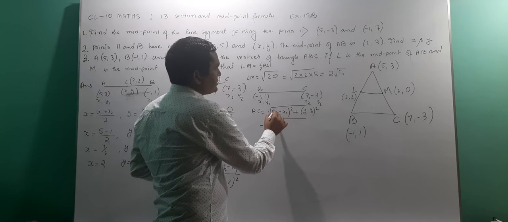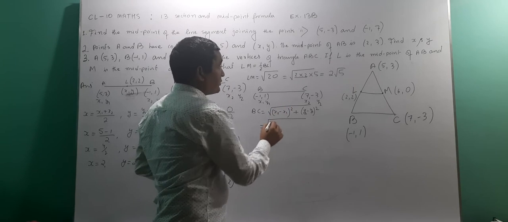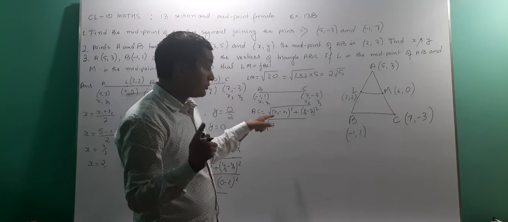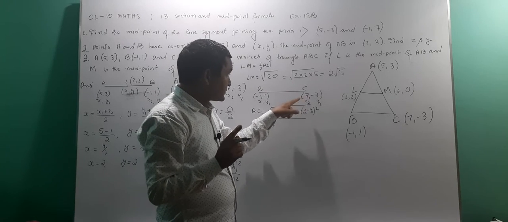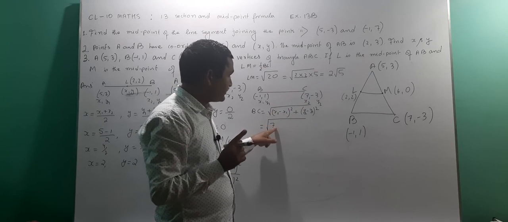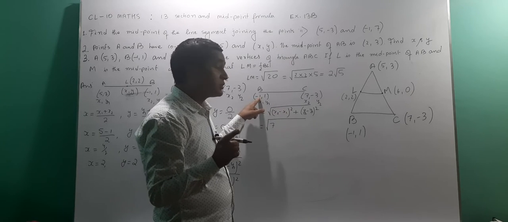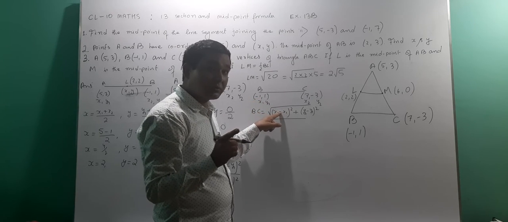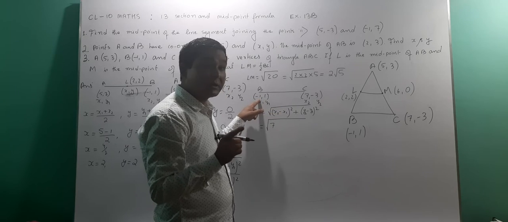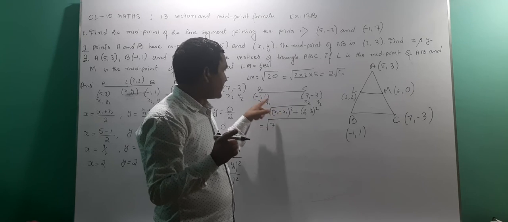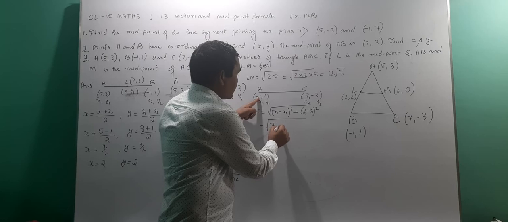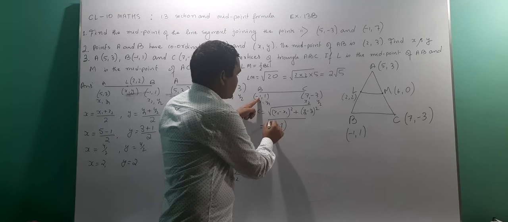Now x2 is 7. Now look at here, a very important point is there. x2 is 7, then minus x1, which is minus 1, and minus minus is plus 1 square.